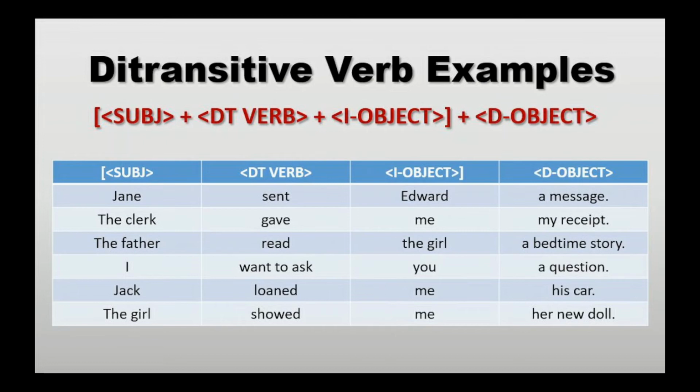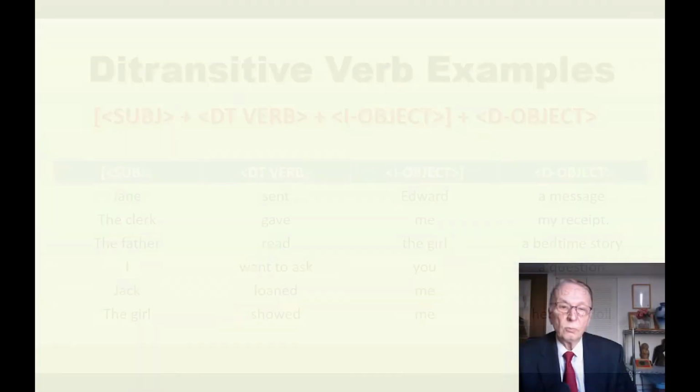All right, that's very, very important about ditransitive verbs. One more point about ditransitive verbs that I want you to remember: ditransitive verbs and even some intransitive verbs can be used in what we call the preposition style or preposition structure.